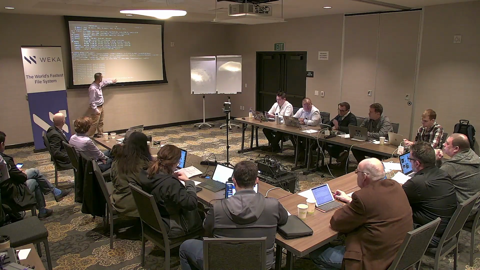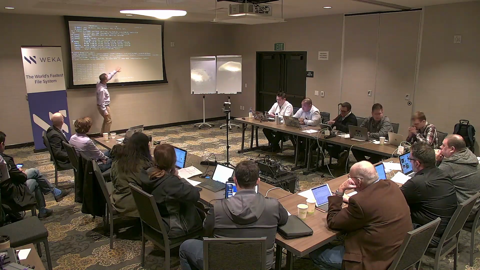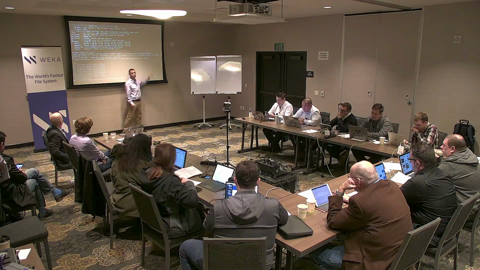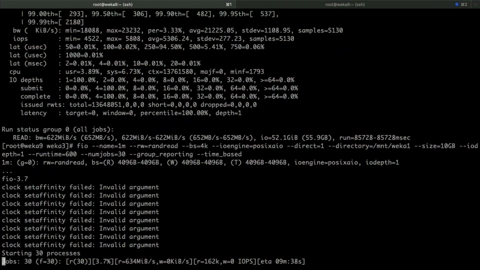Just one last thing before being kicked out of the stage. Here is a client running on /mnt/weka1, which is an unencrypted file system, doing 162K IOPS. Which is huge, because other file systems sometimes can give you 10 or 100. And this system, with our minimal footprint, can give you something like 4 million IOPS.